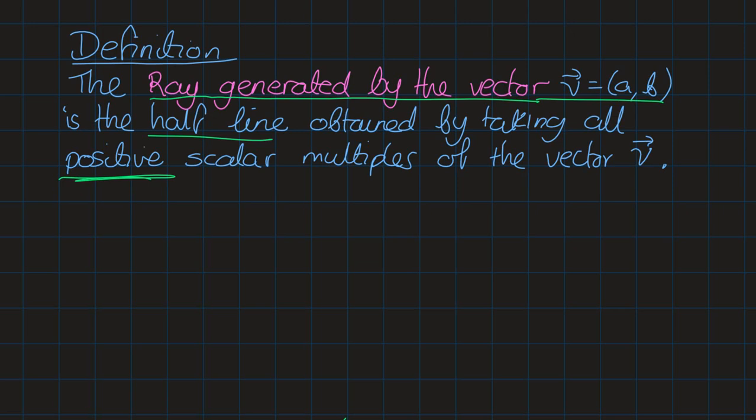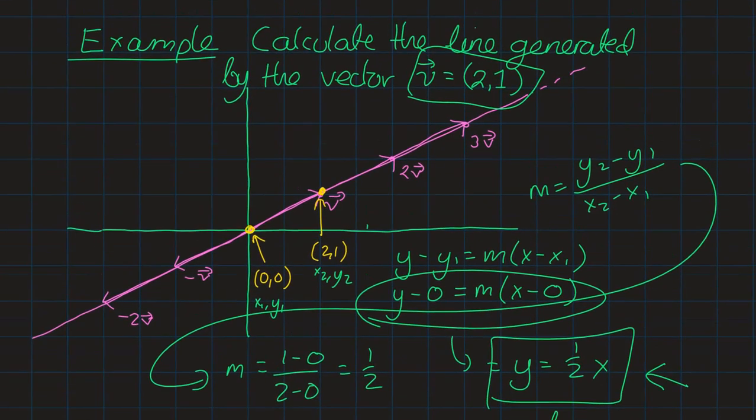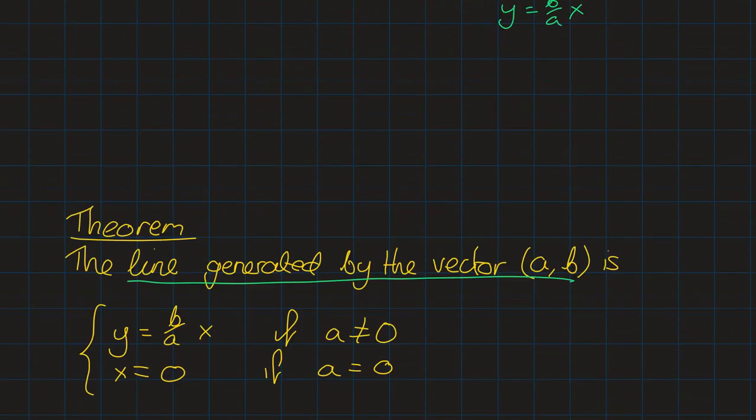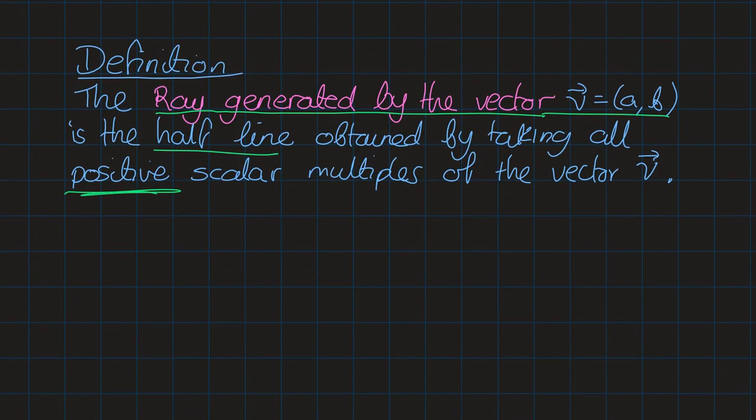When we spoke about the line generated by a vector, in our picture we took all the positive scalar multiples, which took us up in this direction, and we took negative scalar multiples, like -1 and -2, which took us in the opposite direction. When it comes to rays, you only take the positive.